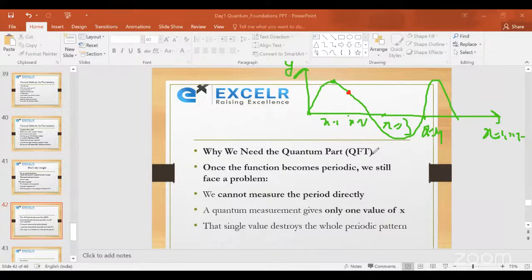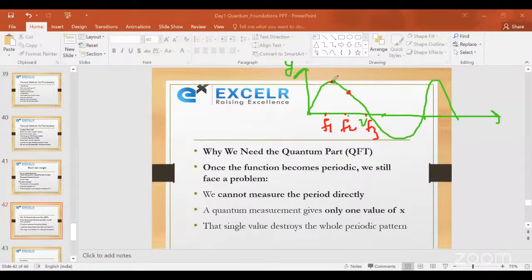Instead of time, if we change it to the frequency domain, and we are catching this wave, suppose this is frequency f1, this is frequency f2, this is frequency f3.